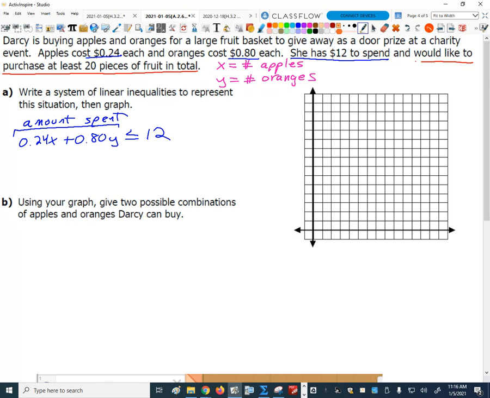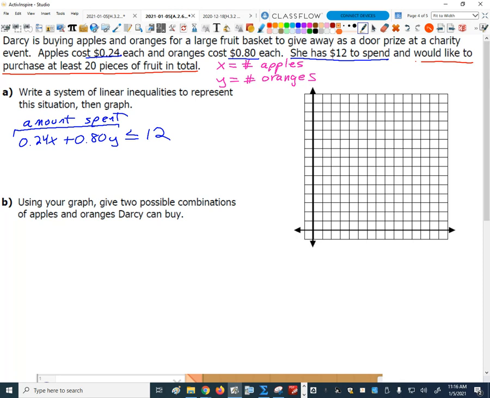Yeah, she'd take 20. What about 19? No, she wants at least 20, so 19's no good. So that sounds like an inequality again. The total number of pieces of fruit she's buying should be greater than or equal to 20 to meet her criteria.